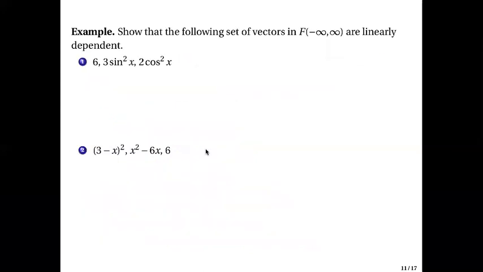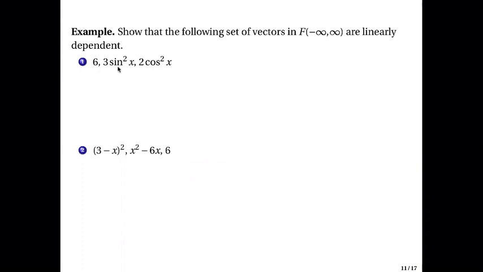Now, let us use the vector space F of negative infinity to plus infinity. Let us look at this: 6, then 3 sine squared x, and then 2 cosine squared x.